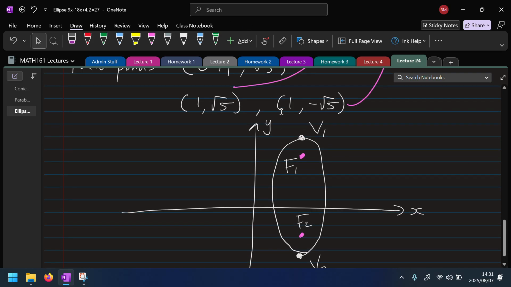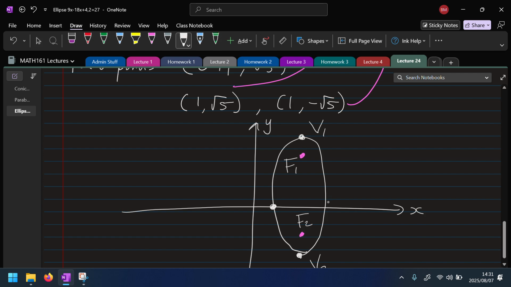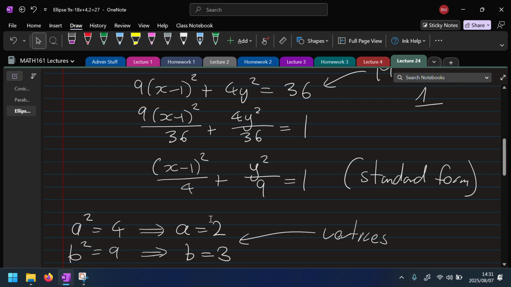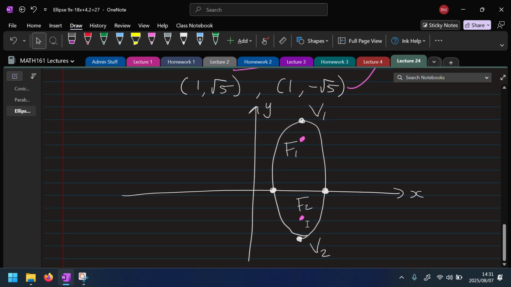And then the points over here and over there will be these a values. A was 2, but we shifted it across. So this point on the left will be -2, and again +1 because we've shifted across. And this other point will be 2, and again +1 because we shifted across. As long as you've got those 4, you can just connect the dots to make the ellipse.